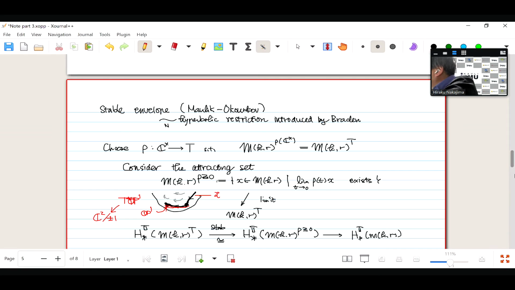You have the axis in C2 modulo plus minus 1, and then you take the inverse image. Then it flows to the north pole of CP1. The gray arrows show the direction of the flow. If you start with another point, then it goes away, like here, and goes to infinity.